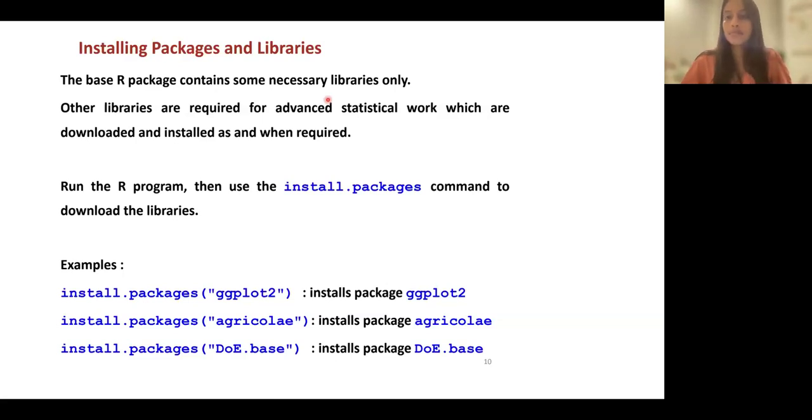R only comes with some basic functions. But to perform any analysis that you want, you have to install the necessary libraries that have the functions to perform such analysis. Functions are nothing but source codes that have been written, and it's an easy way to perform a task. For example, doing an average would first require you to calculate the sum, then count the number of values, and then divide by that number of values.